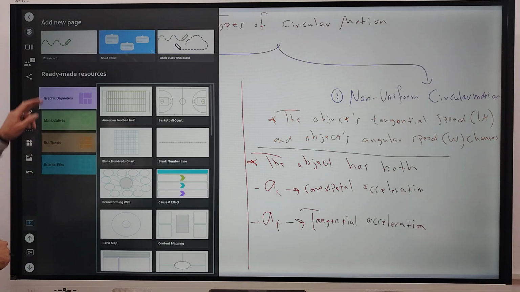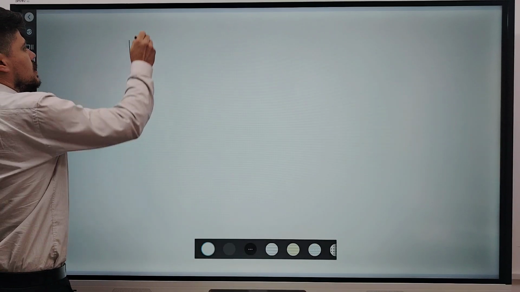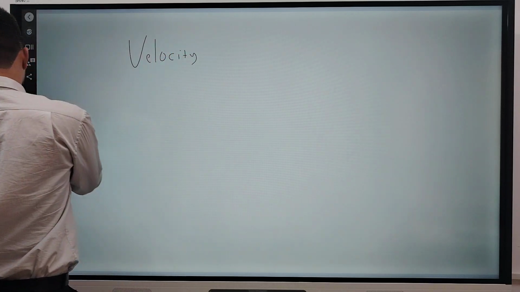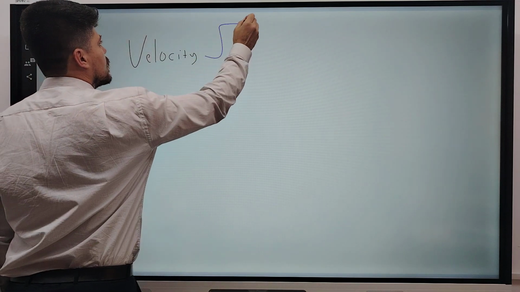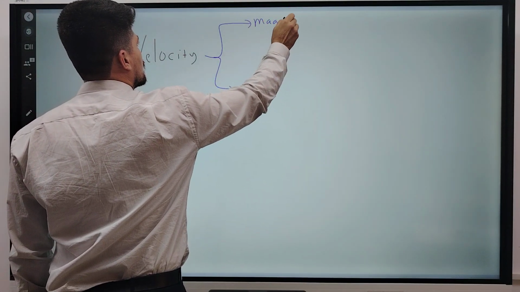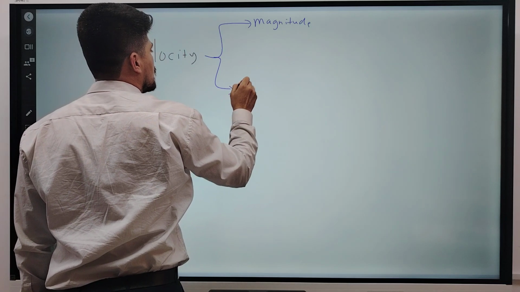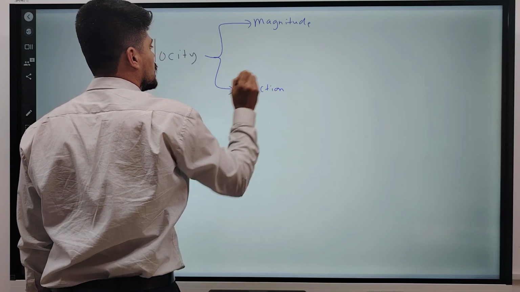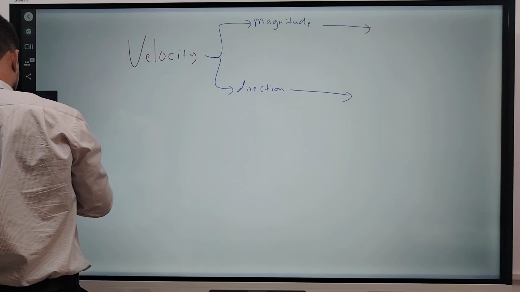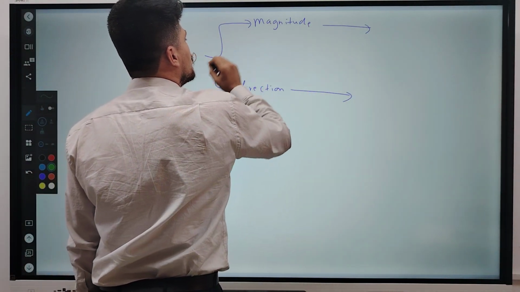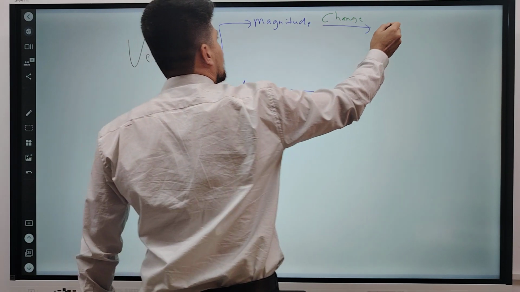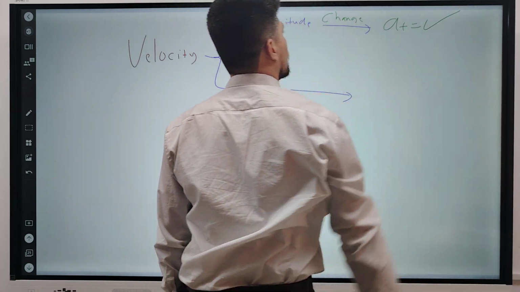So, because velocity is a vector quantity which has both magnitude and direction, by changing the magnitude of the velocity of an object, tangential acceleration is produced.